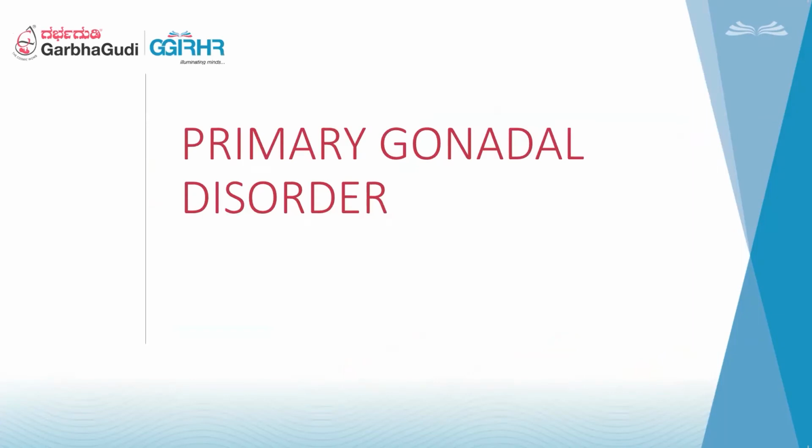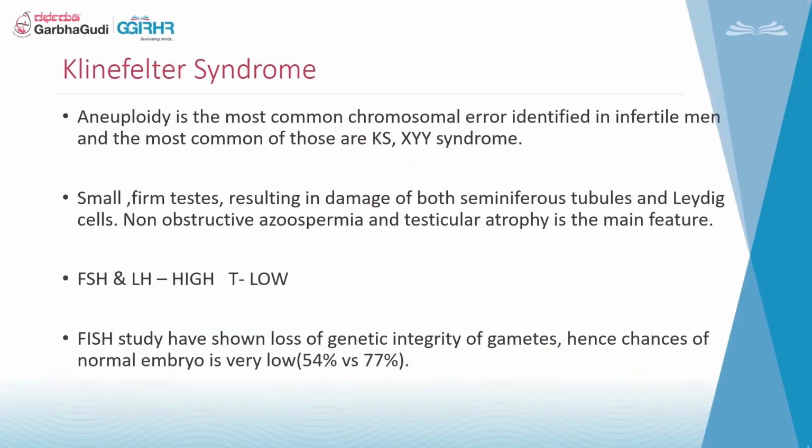So coming to primary gonadal disorders, Klinefelter is one of the most common that we see. It is an aneuploidy with an excess of Y chromosome. Aneuploidy is the most common chromosomal error identified in infertile men, and the most common of these is XYY chromosome. However, several combinations of mosaicism are also seen, and as the mosaicism varies, so does the phenotype.